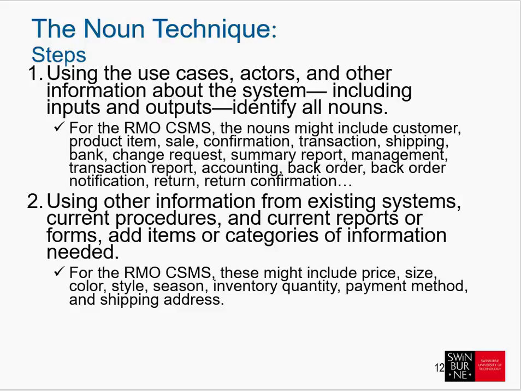For Ridgeline Mountain Outfitters' consolidated sales and marketing system, these might include more detailed information such as prices, sizes, colors, styles, probably different seasons, inventory quantities, payment methods, and shipping addresses. Some of these items might be additional things, and some might be specific information. Probably we can call them attributes about things.